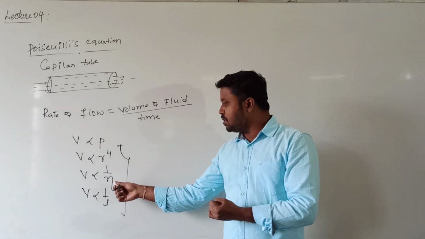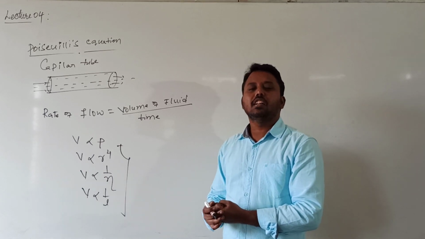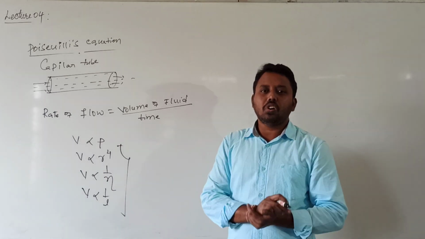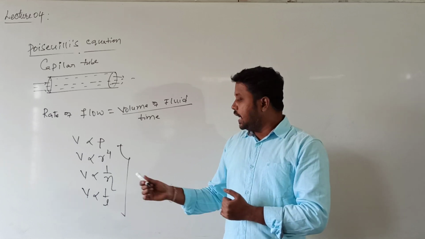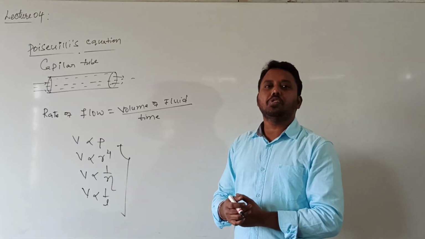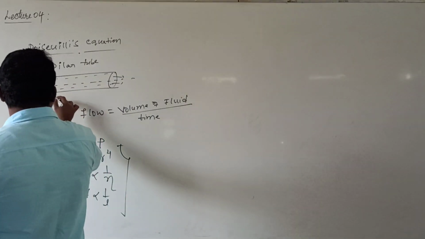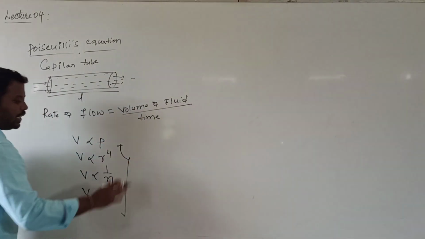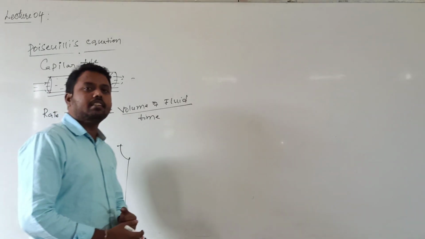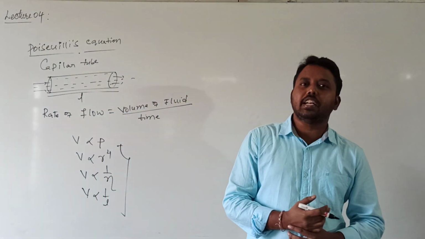It is inversely proportional to the coefficient of viscosity. If the viscosity of the fluid is more, then the amount of fluid flowing per second is less. It is also inversely proportional to the length of the tube, given by L. If the length is more, the volume flowing per second is less. If the length is less, the volume flowing per second is more.